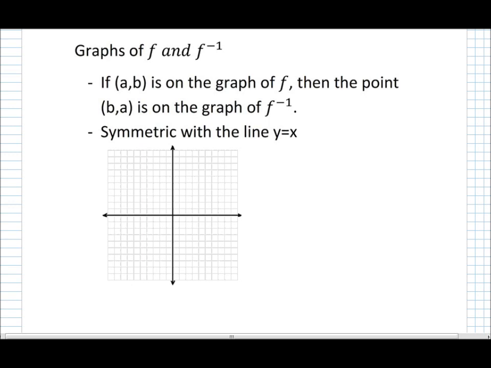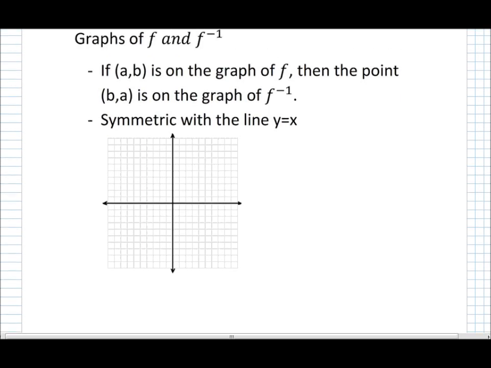Now, something else to consider about the graphs of a function and its inverse. Remember, the graphs of the function and its inverse will switch the x's and y's. So for example, like one example I gave, if you had a function f of x equals x minus 2, to find the inverse, we just switch the x's and y's, and then we solve for y.